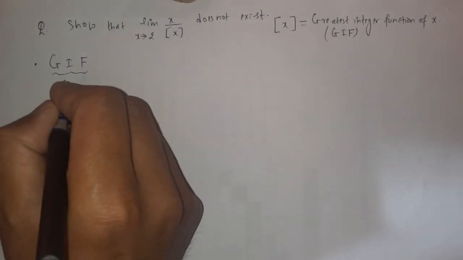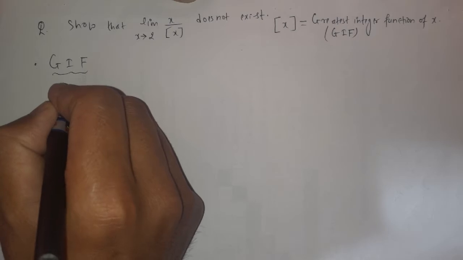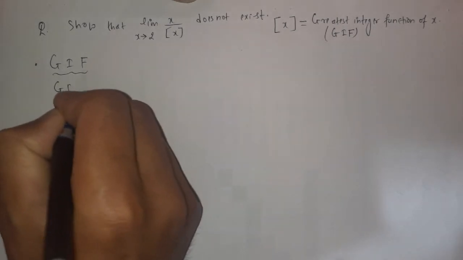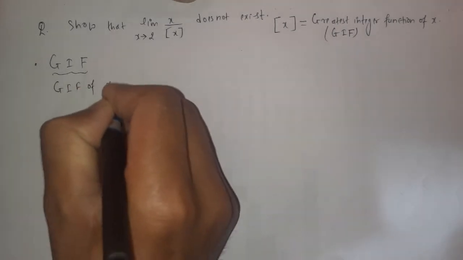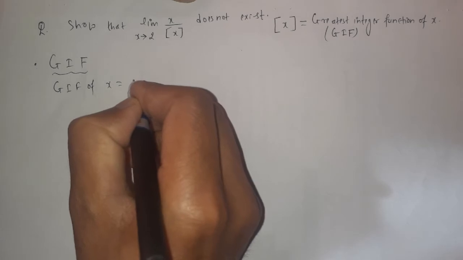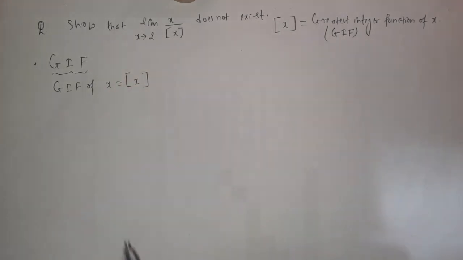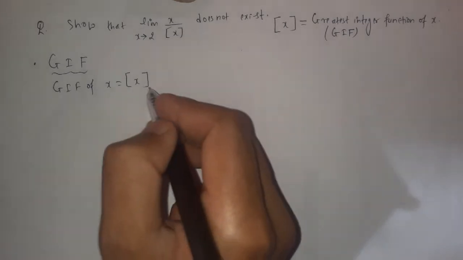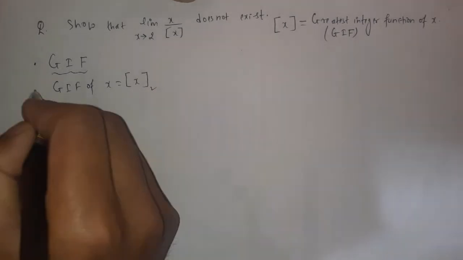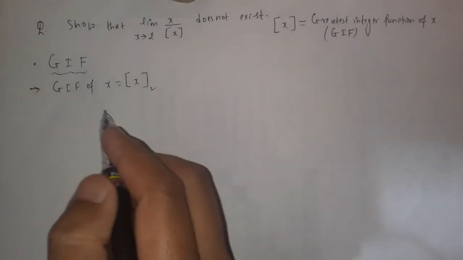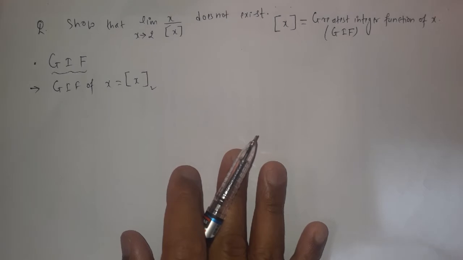The greatest integer function of x is represented by putting this x inside the square bracket. This is the notation for the greatest integer function. Let's calculate the greatest integer function of some numbers.